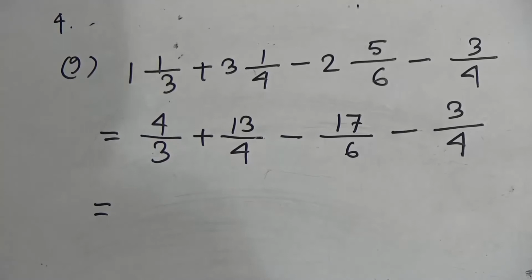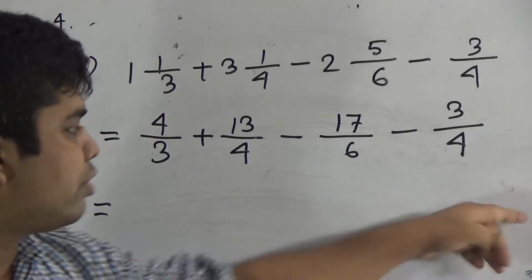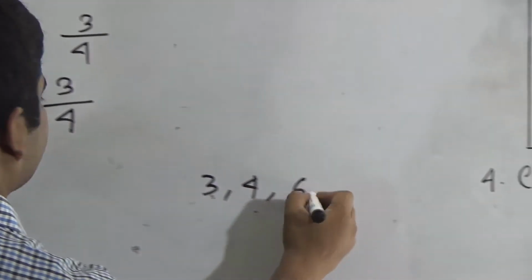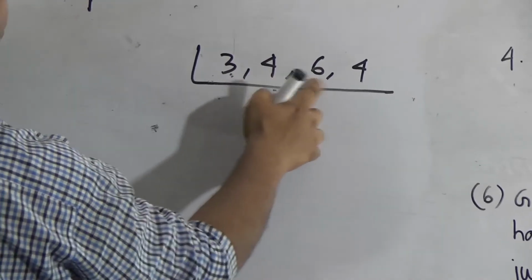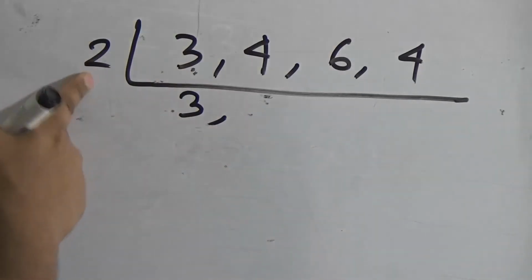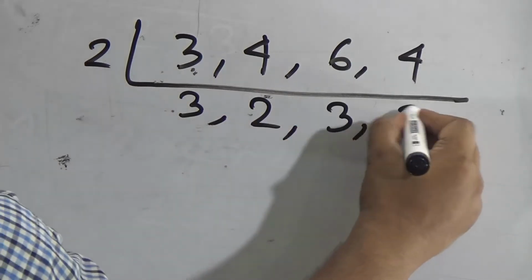Dear students, same work. Now we find out the LCM of 3, 4, 6 and 4. Dear student, notice 1, 2, 3, the 3 even numbers, so it is divided by the number 2. So 3 cannot be divided by 2, so 3 is placed here. 2 2s are 4, 2 3s are 6 and 2 2s are 4.